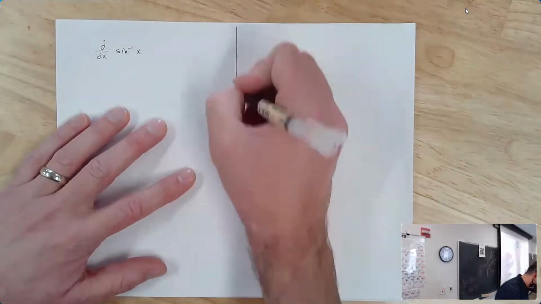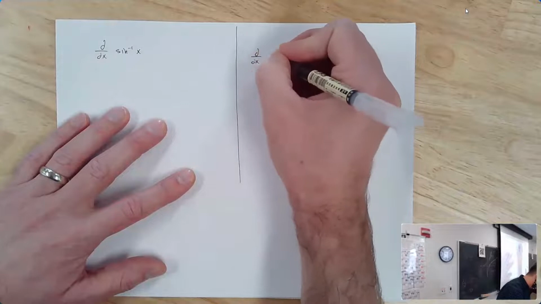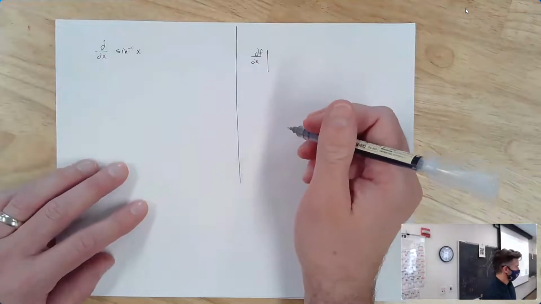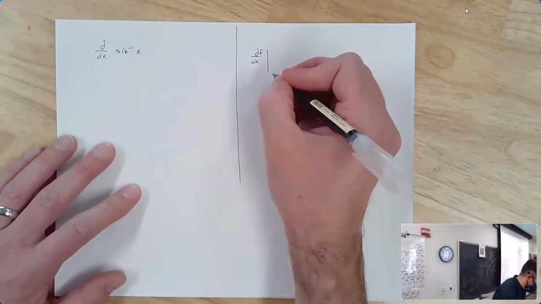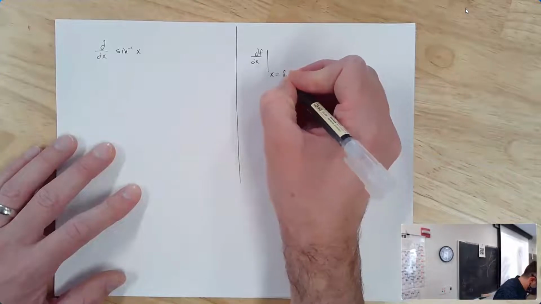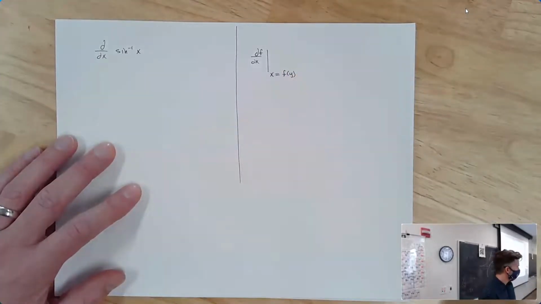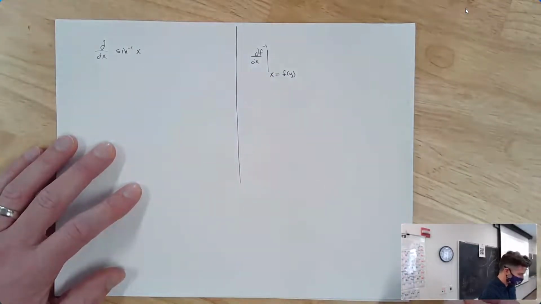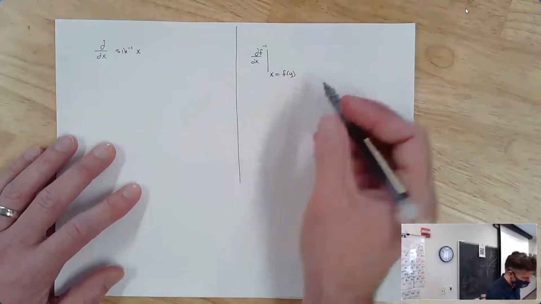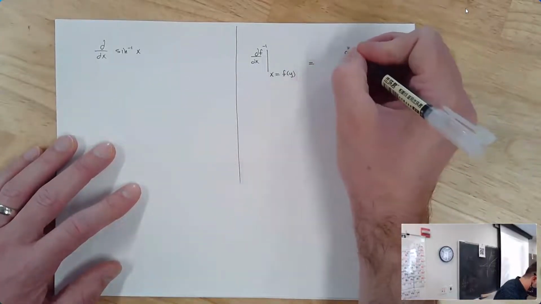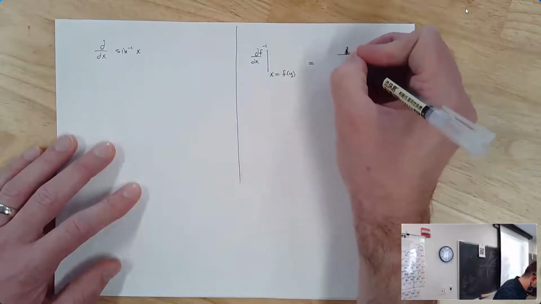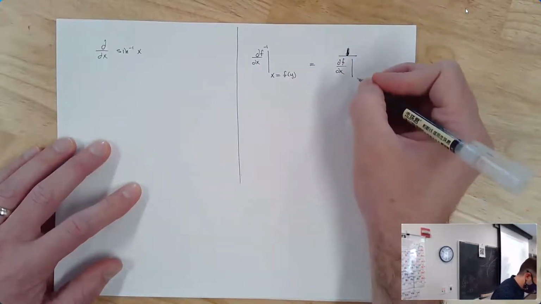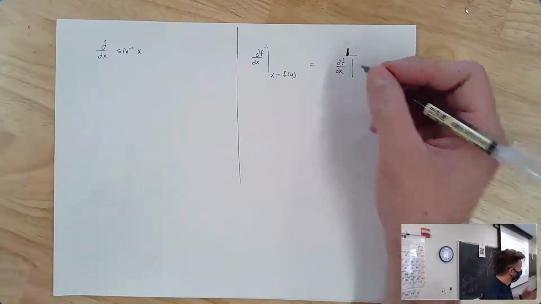We know from before the derivative of f of x evaluated at, this is where I always start to kind of blow it, to be honest. Evaluated at x equal to f of y, I feel like is what I want to write. Oh, except I want inverse, sorry. The derivative of f inverse at x is the same as 1 over the derivative of the function evaluated at, this is where this theorem is confusing, right?